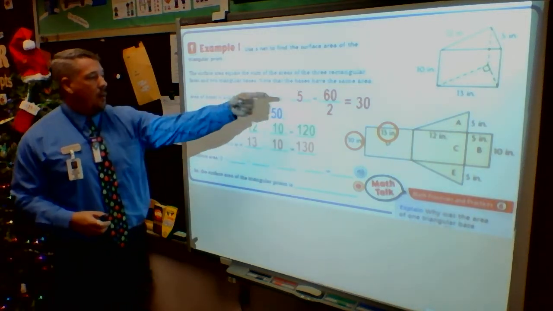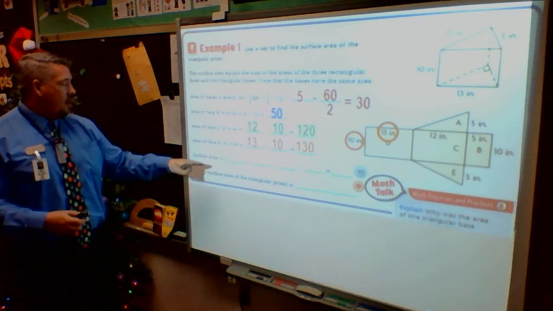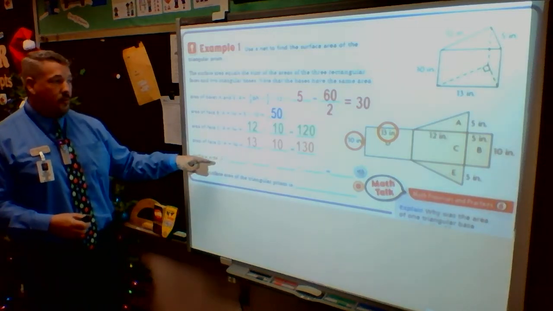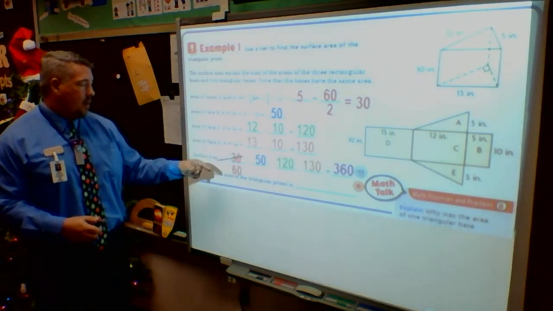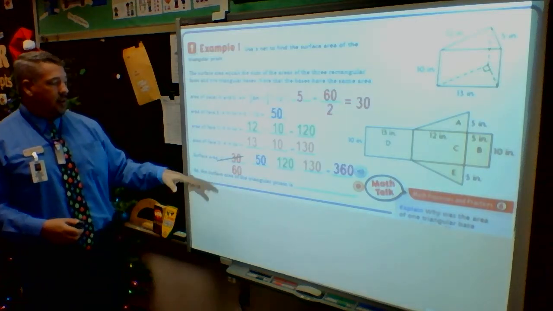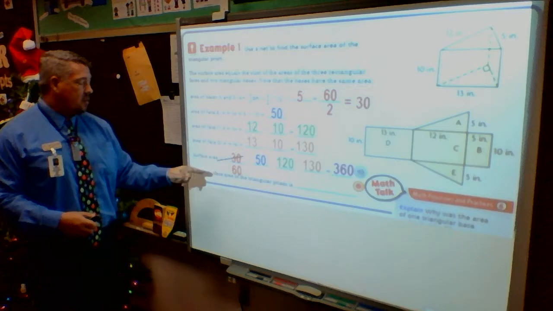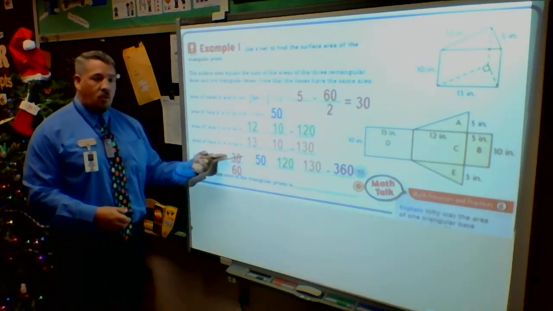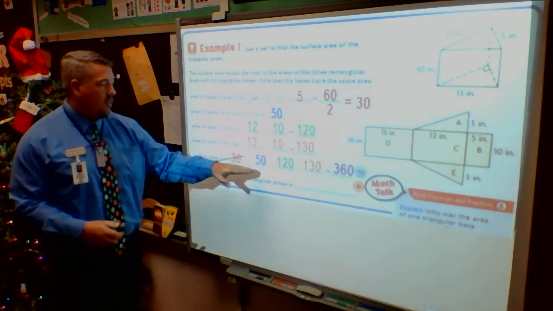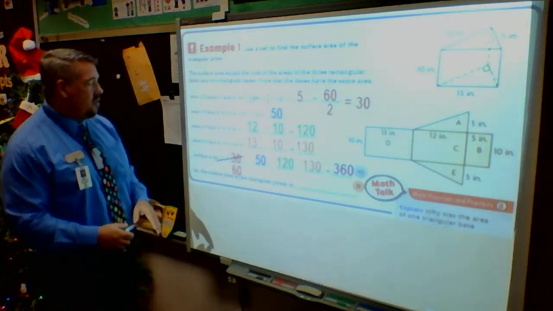So going back to my surface area of my triangle, it's a reminder that on the surface area I have 2 of those that make it up. So 2 times 30 is going to be 60. So that's what this multiplication of 2 is. So I'm going to just cross that out and put 60, so the rest of it is just straightforward addition.